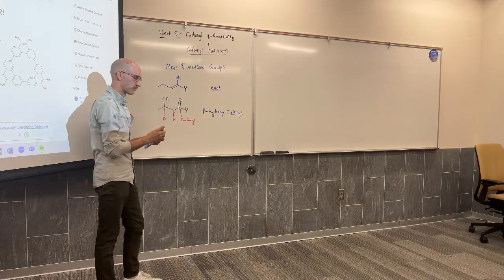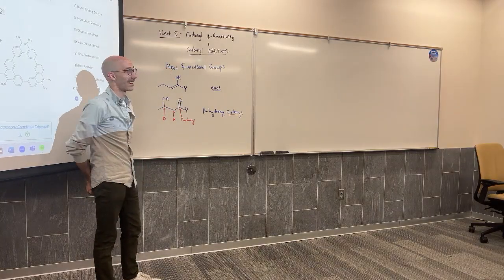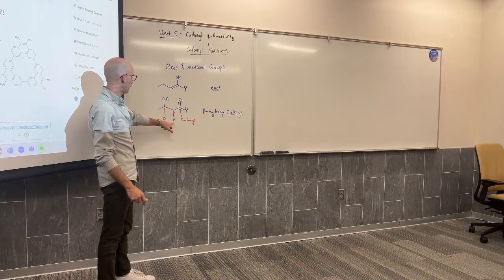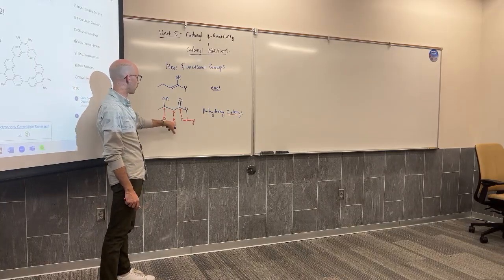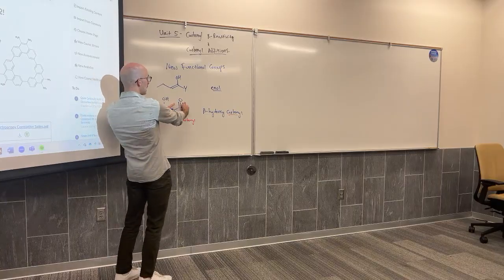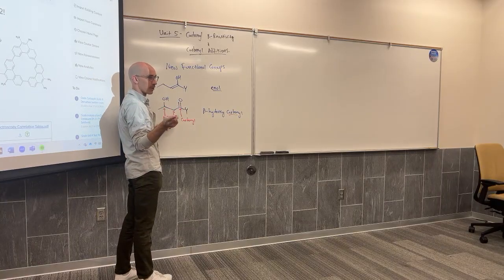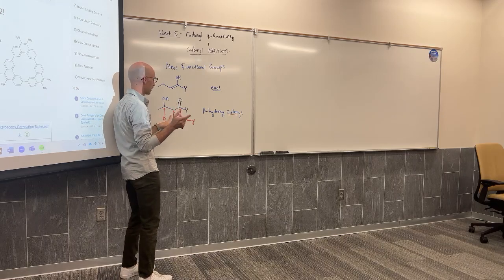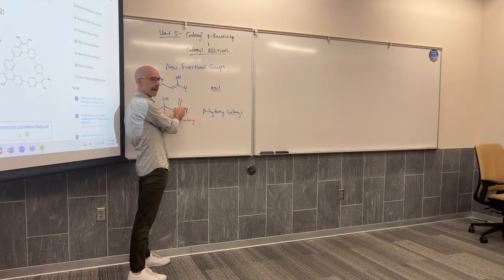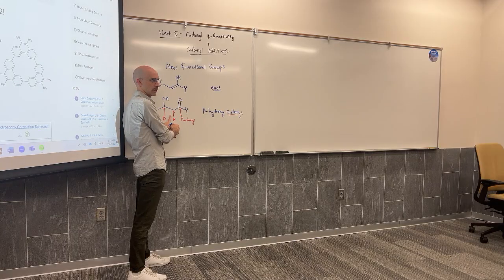Wouldn't that also be a beta carbon though? I'm sorry? Would that also be a beta carbon or no? It's not a beta carbon, no. Alpha is actually named respective to the carbonyl. So at your carbonyl carbon, anything adjacent to the carbonyl is alpha. So I'll try to make this clear. Esters and aldehydes only have one alpha carbon.